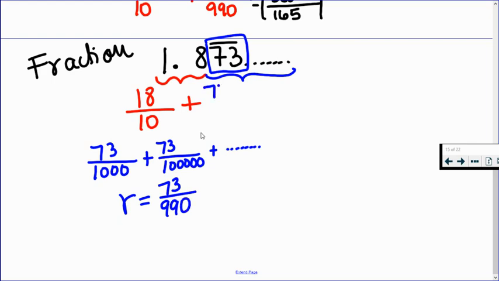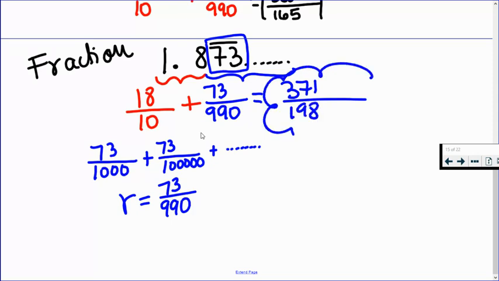So I'm going to take the repetitive part of this problem and add them together using a calculator. So this fraction is equivalent to the rational number above.